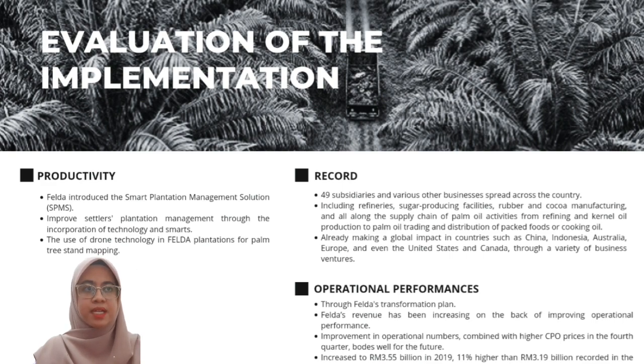The plan entails 31 strategic initiatives to turn around the agency's operations, which will be implemented in 3 phases, each lasting 8 months. Felda's continued improvement in operational numbers, combined with a higher CPO price in the 4th quarter, bodes well for the future due to significantly improved operational performance resulting in higher yields and lower costs.